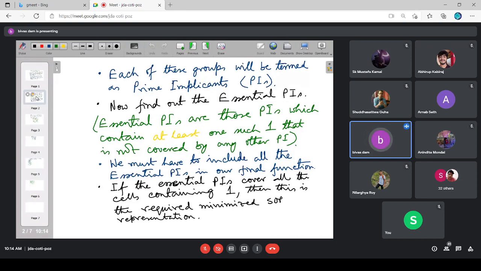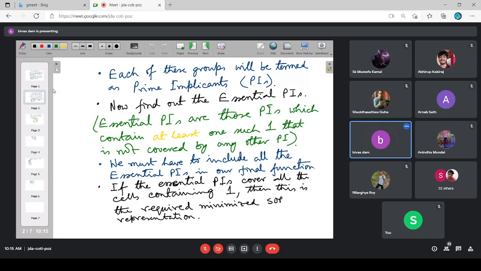That means those cell coordinates are nothing but one particular input combination, and the cell content is nothing but the output of that particular input combination. So if I fail to include one particular cell which is containing one in my function realization, that means for that particular input combination, the resulting function will not give you logic 1 output.